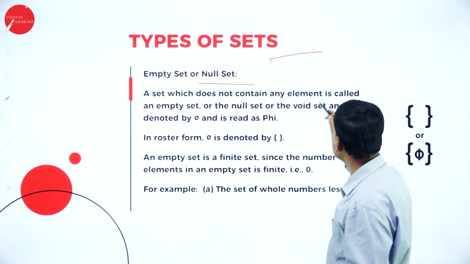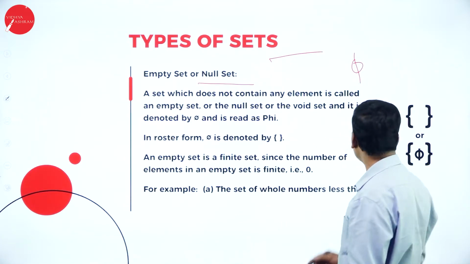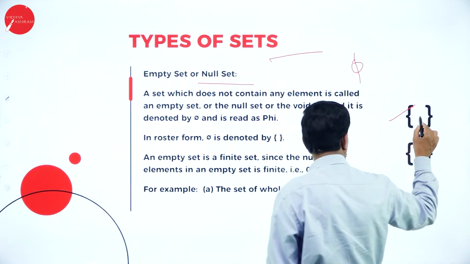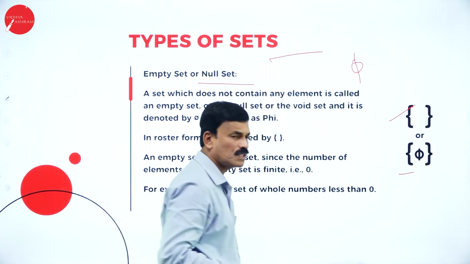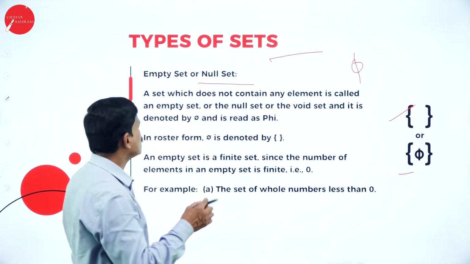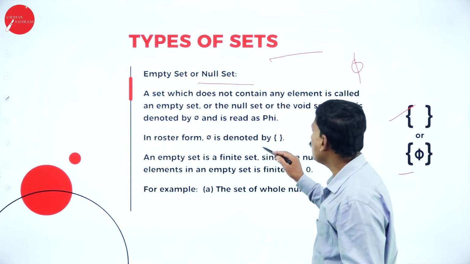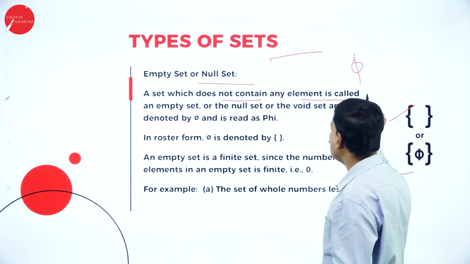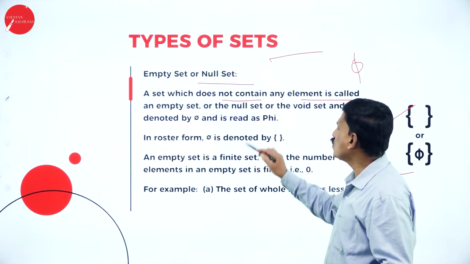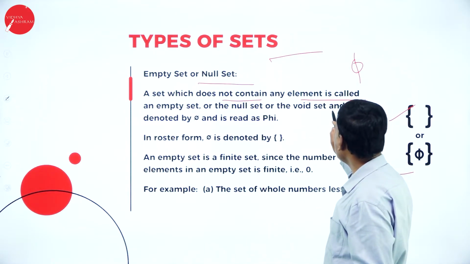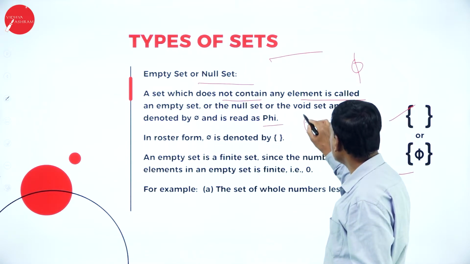Usually a null set is denoted like this, phi. The general representation of a null set is phi. Phi is the representation of a null set. So, a set which does not contain any element is called an empty set, or a null set or void set, and it is denoted by the letter phi.